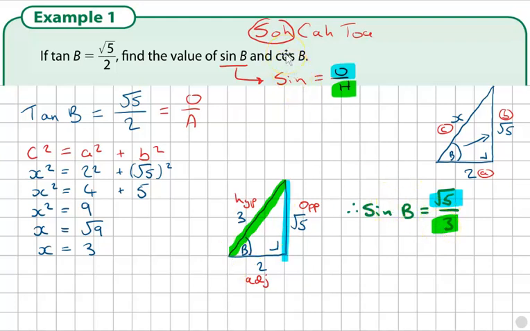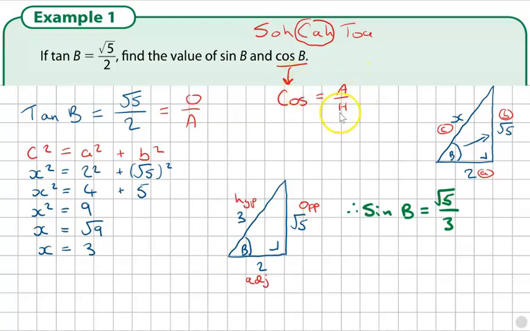And then cos B is A over H, so that comes from CAH. Cos is equal to A over H. The adjacent is 2, and the hypotenuse is 3. So it's going to be cos B equals 2 over 3. So A over H, adjacent over hypotenuse, 2 over 3.